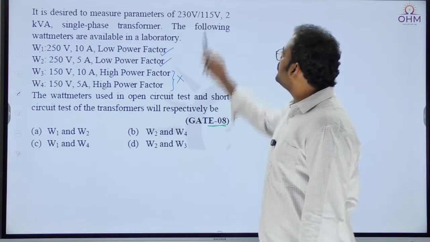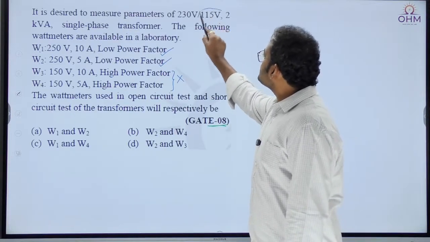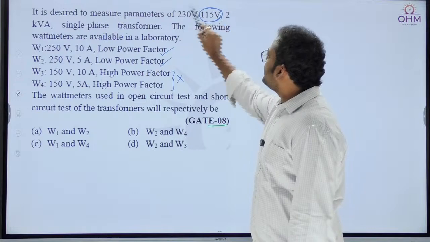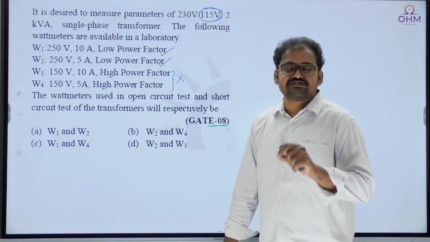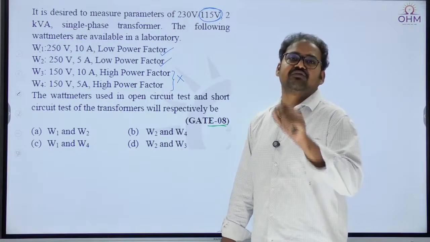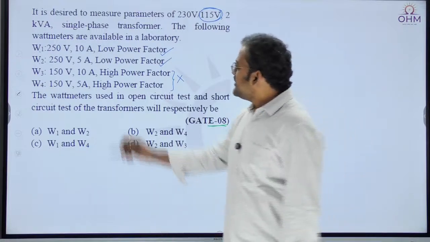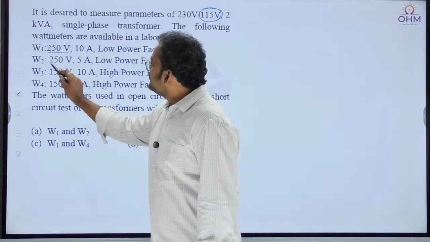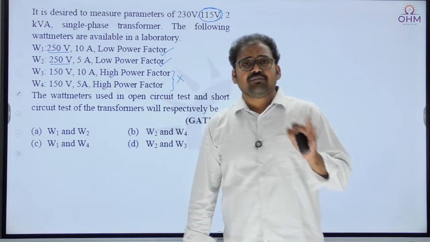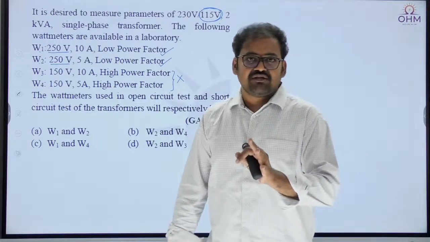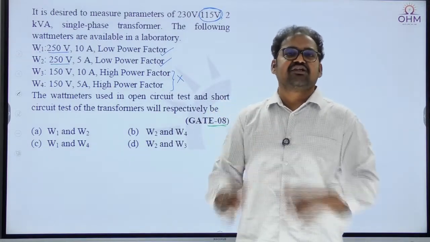And the test is conducted from which side? LV side. Let us go back to the transformer. LV side, what is the voltage? 115. That means the wattmeter should be able to withstand at least 115 volt. But here both W1 and W2 can withstand up to 250. When I say a wattmeter can withstand up to 250, they can easily withstand 115, right?